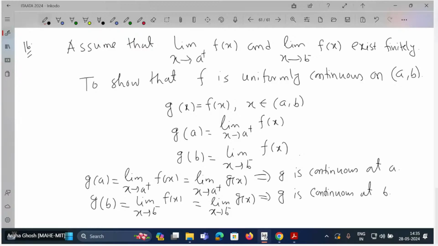Now all other points, because f and g are same, g is continuous. So we prove that g is continuous on closed and bounded interval [a, b]. Now because we know that a continuous function on closed and bounded interval is uniformly continuous, so hence g is uniformly continuous on closed and bounded interval [a, b].